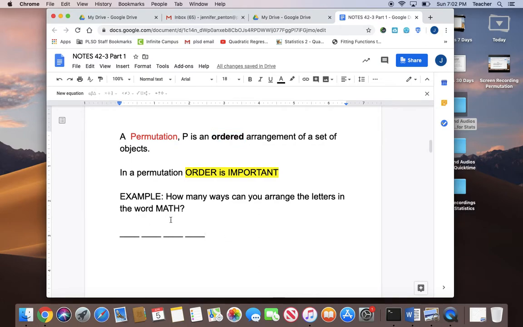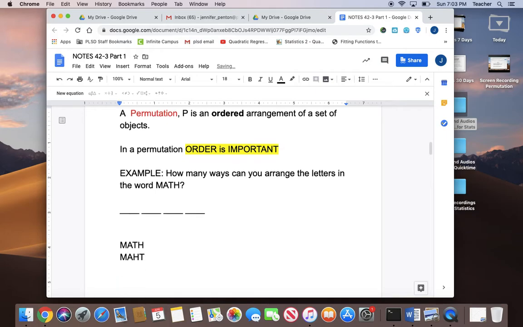So I have 4 spaces here because there are 4 letters in the word math. Before we go into how to do this, one arrangement of the letters of the word math would just be MATH. Another arrangement would be M-A-H-T. Another arrangement would be M-H-A-T. Another would be M-H-T-A.